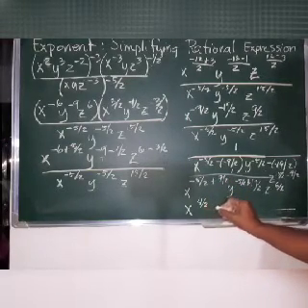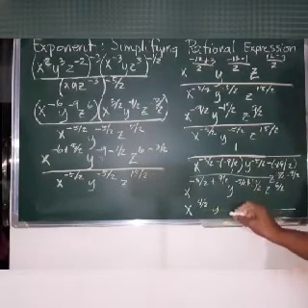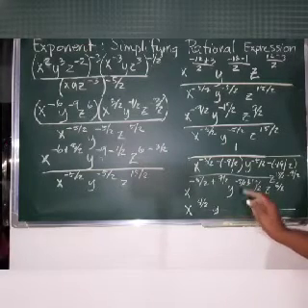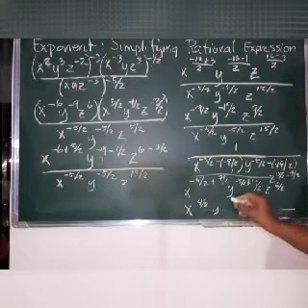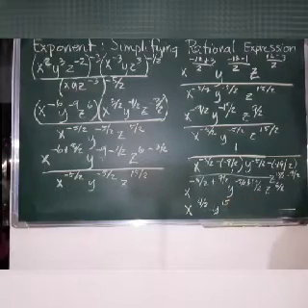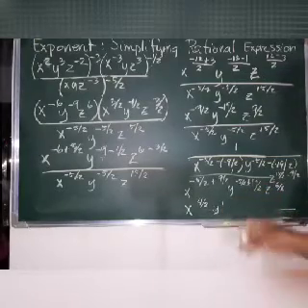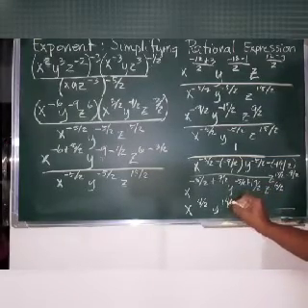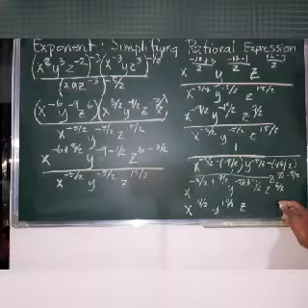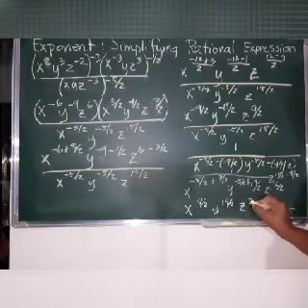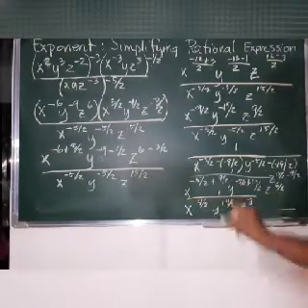Ang y natin ay negative and positive. So, magsusubtract tayo. Ang mas malaki ay yung positive. Kaya positive ang sign natin. 19 minus 5 ay 15. Oh, sorry. It's 14, I should say. So, 19 minus 5 is 14 halves. And then, ang z natin ay 6 divided by 2 ay 3. And then, lowest term, again, ang numerator natin ay 1.